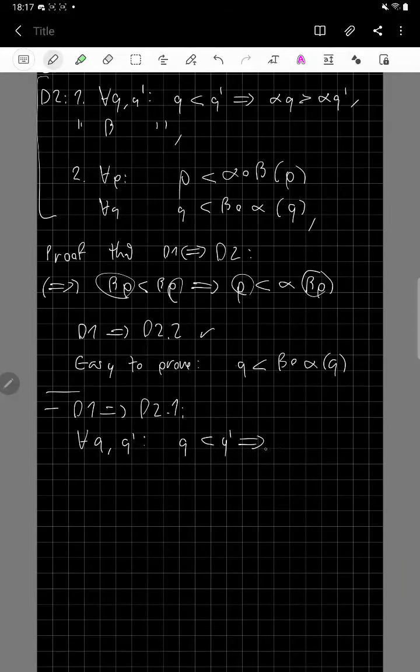But now we want to get an alpha here somehow. There's a way to get an alpha. We just insert the alpha here, because we know this is going to imply, trivially this is true, so it implies this, but greater than the Q is beta alpha Q.